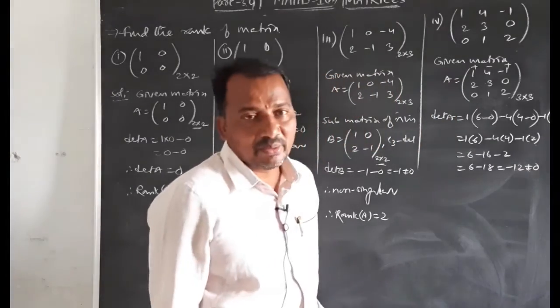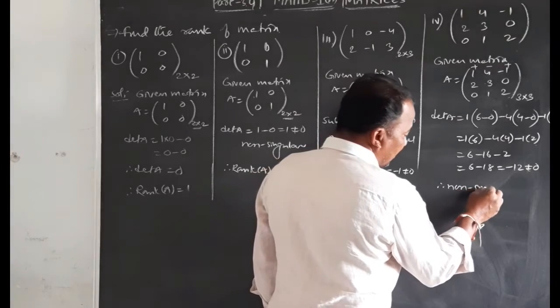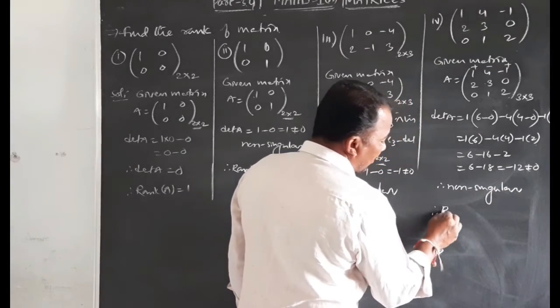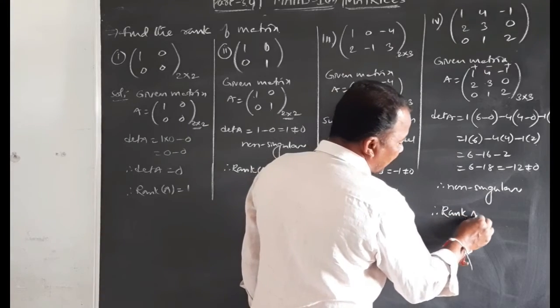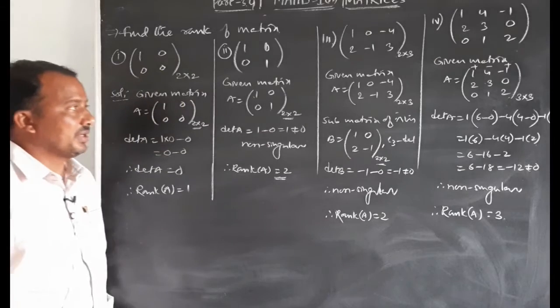The 3 by 3 square matrix is non-singular. Therefore, rank of A equals 3.